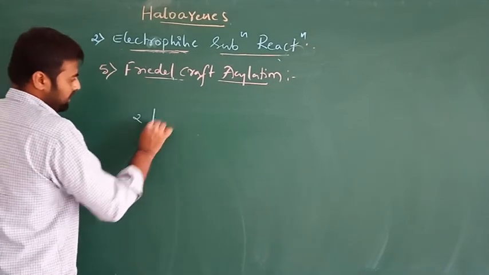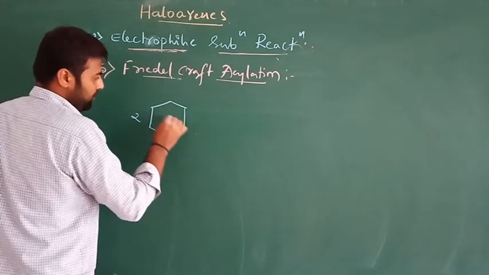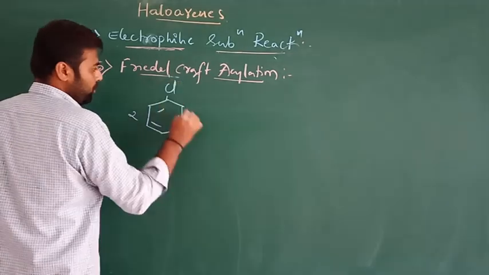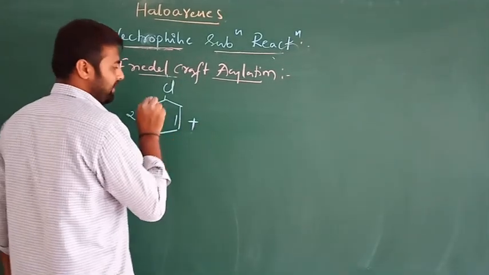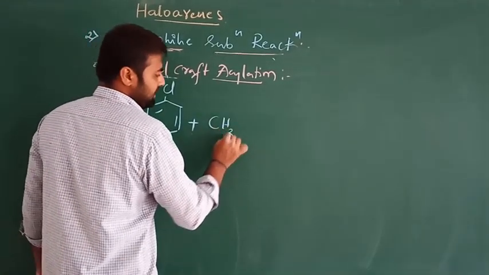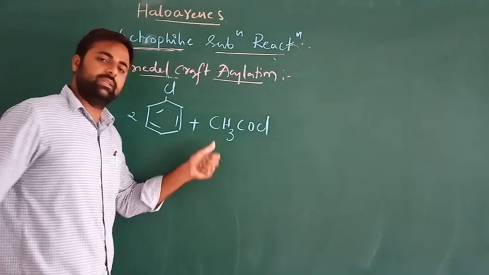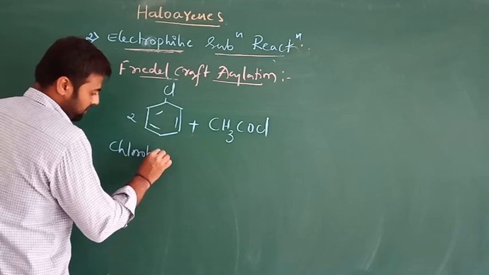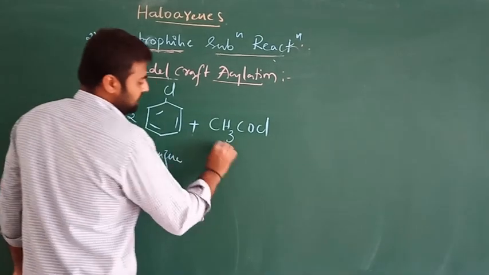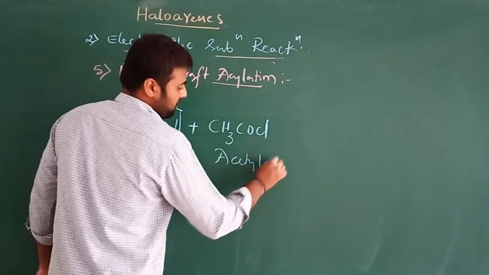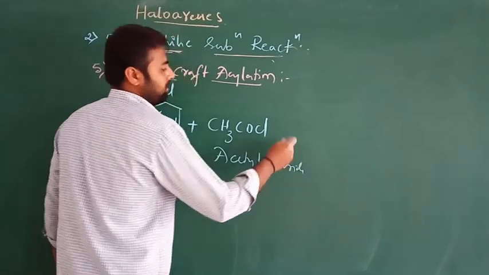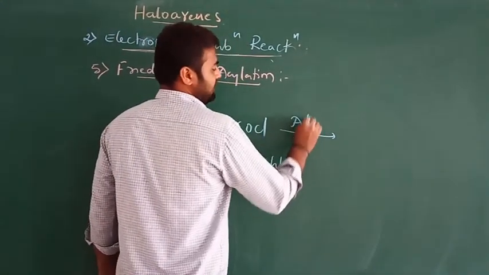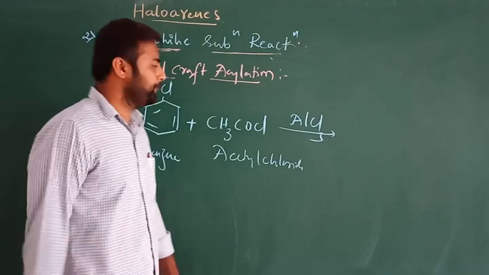That means when chlorobenzene is involved in acylation, it is treated with acetyl chloride, CH3COCl, in the presence of anhydrous AlCl3.